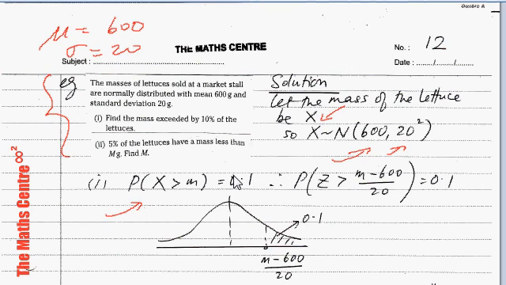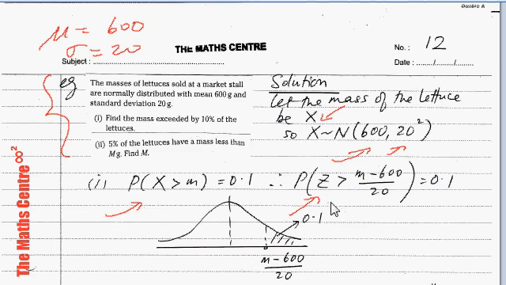So I need to transform my x to a z. On the right hand side I take m minus mu, which is 600, divided by sigma, which is 20. So I have the probability of z bigger than (m minus 600) over 20 equals 0.1. Remember where you're heading: we're trying to find the value of m.